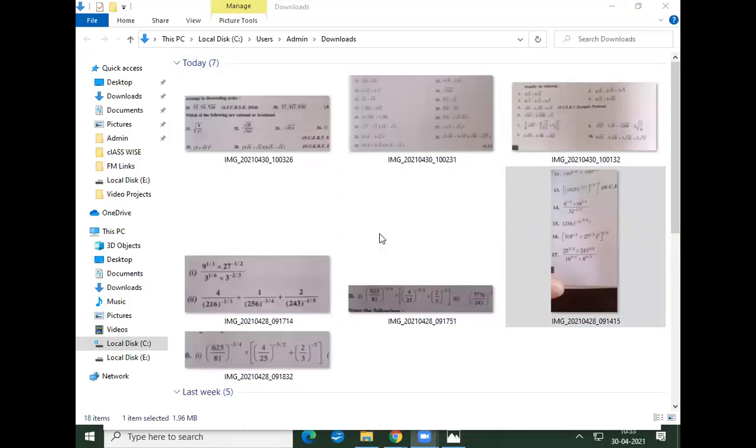Now, today we will be starting with the next topic. The next topic is operations on real numbers. So write down the topic. You should write the topic in the fair notebook, preferably with a sketch pen. Okay, operations on real numbers.